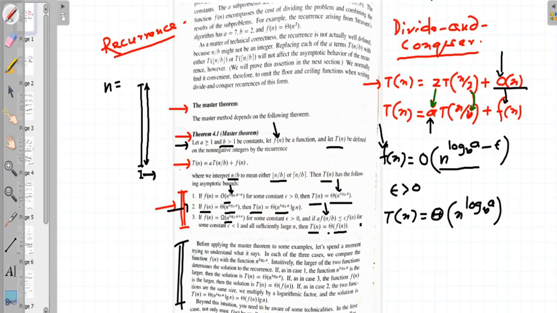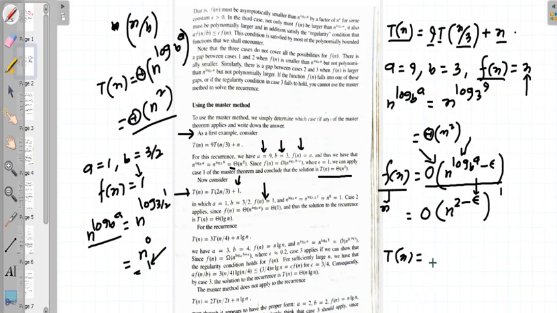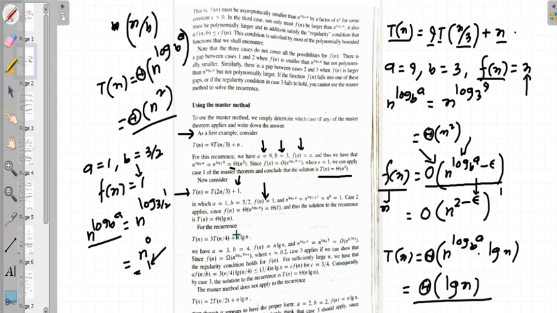This will be theta n power log a base b times log n. We have already seen that n power log a base b is n power 0, meaning 1. 1 times log n, so that will be log n. This is the solution we have got here.